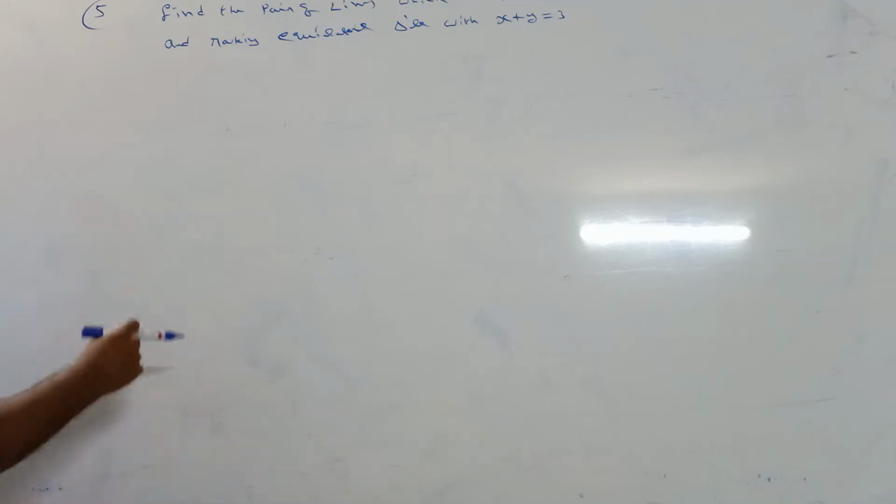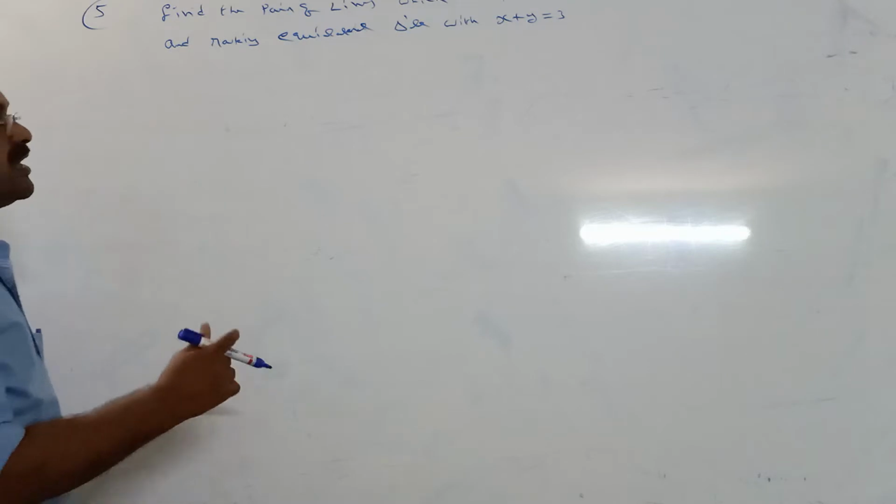The statement: find the pair of lines which are passing through origin and making an equilateral triangle with the line.